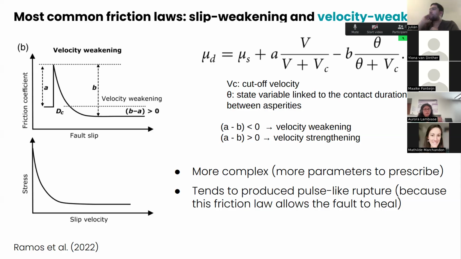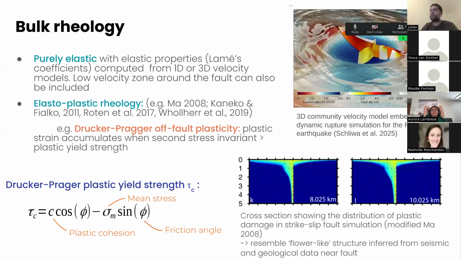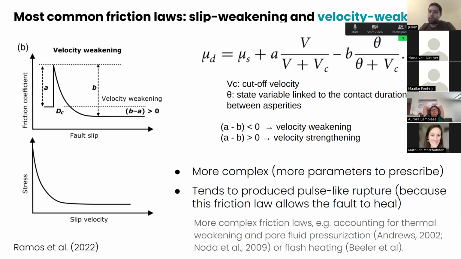So the larger the slip rate, the easier it is for the rupture to propagate. On the contrary, when A minus B is positive, then the friction increases as slip velocity increases. So if the rupture, for example, enters a velocity strengthening area, then it will be hard for the rupture to propagate, and at some point the rupture will stop. And there are also, of course, much more complex friction laws.